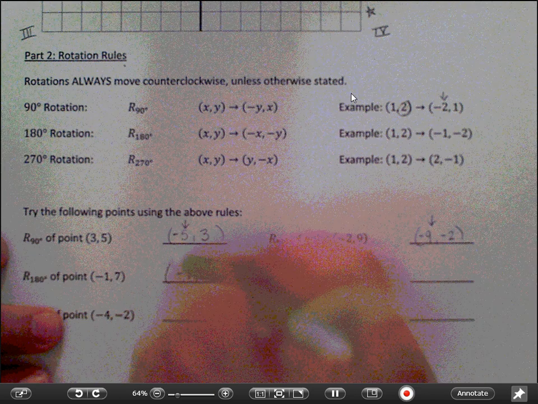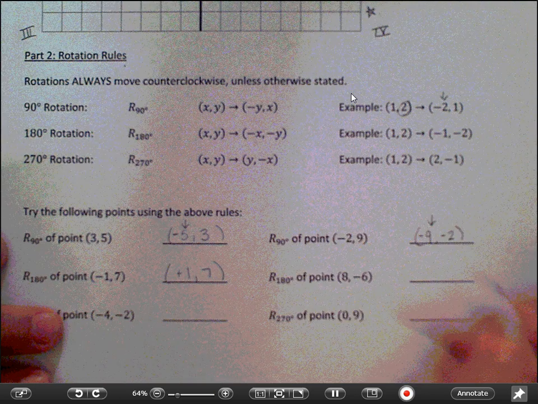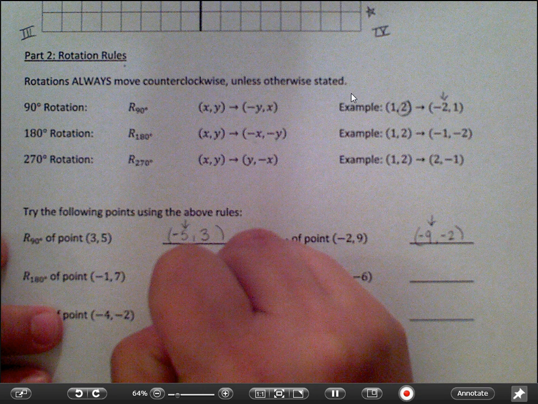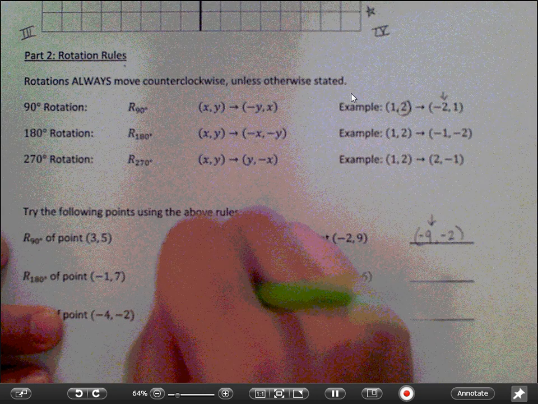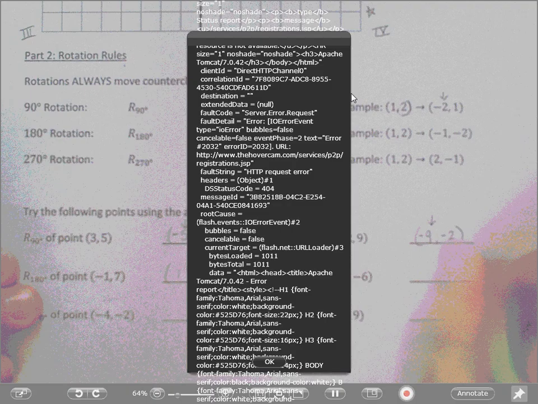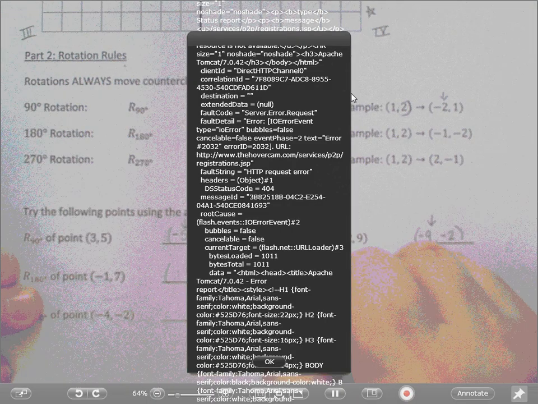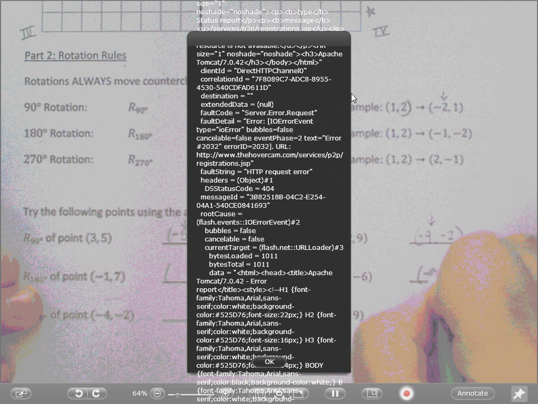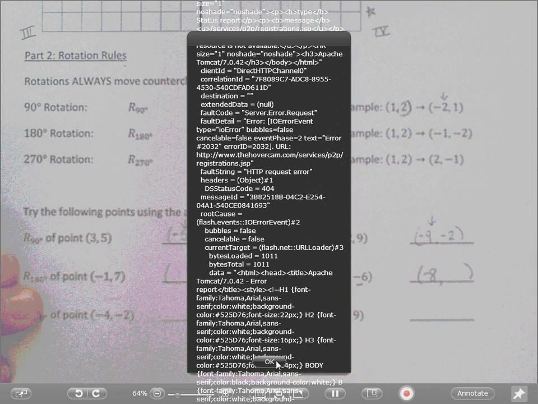So the -1 becomes +1, and the 7 becomes -7. I'm going to erase that positive sign. Again, we keep them in the same order, but we negate them. 8 becomes -8, and -6 becomes +6.